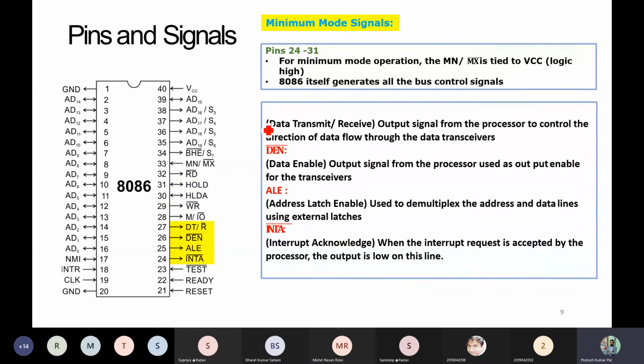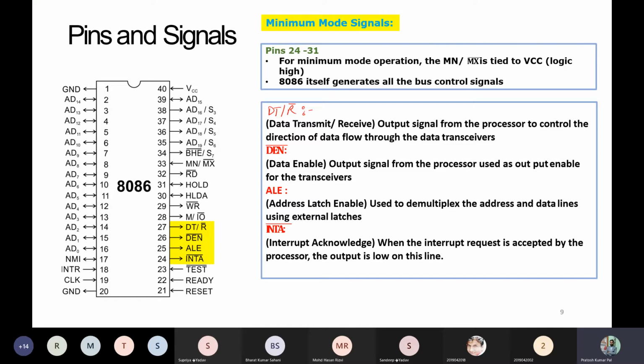The next one is DT/R bar. This DT/R bar is data transmit and receive. Here it is an output signal from the processor to control the direction of data flow through the data transceiver. Whether the data is being received or transferred is denoted by pin 27.